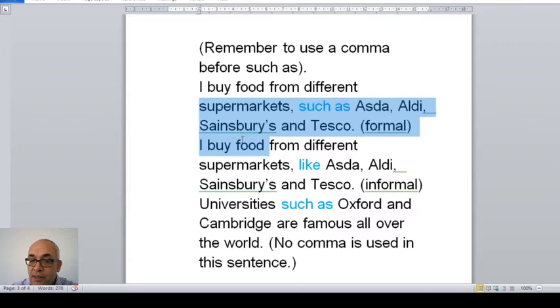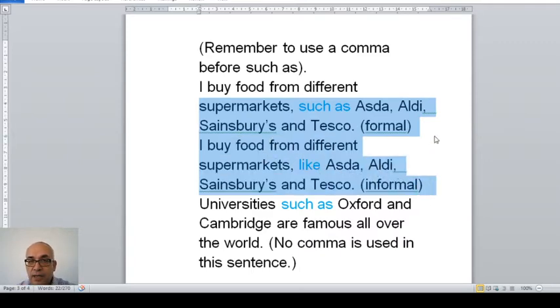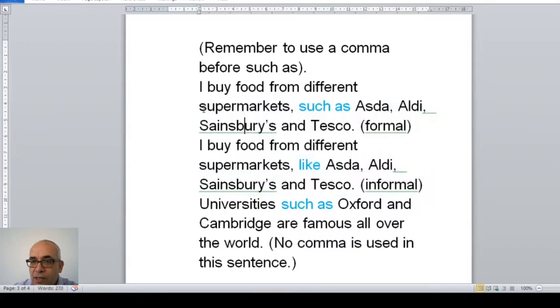So these two sentences, as you can see, are the same. In the first sentence I use such as, in the second sentence I use like. The only difference is the conjunction. Such as is a formal conjunction, and like is an informal conjunction.